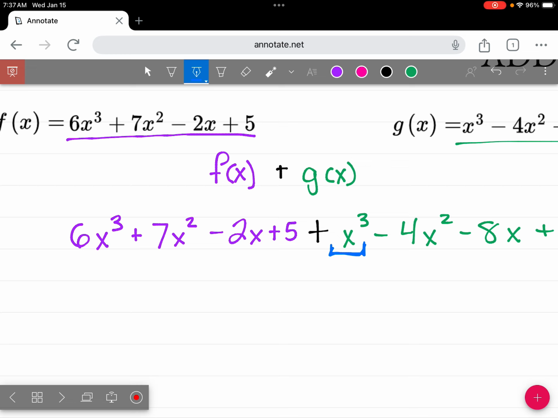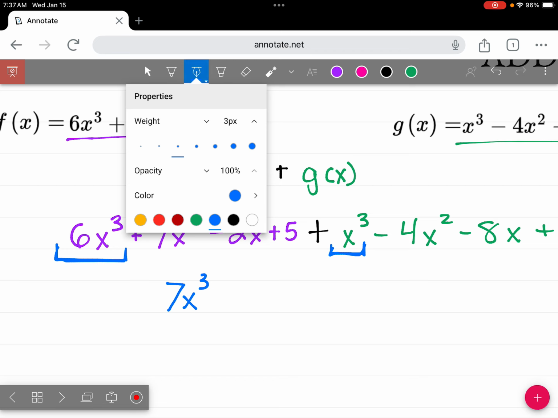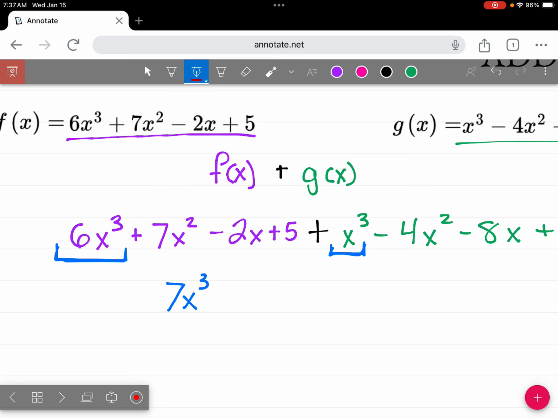So we have our x cubed that's going to combine with 6x cubed, so it's going to give us 7x cubed. 6 things plus 1 thing gives me 7 things. I'm going to have my 7x squared that combines with minus 4x squared, giving us positive 3x squared.